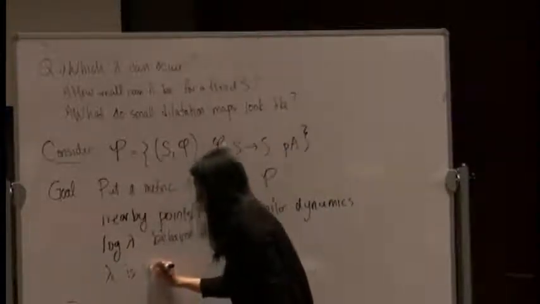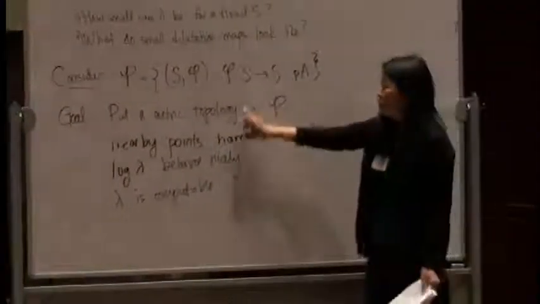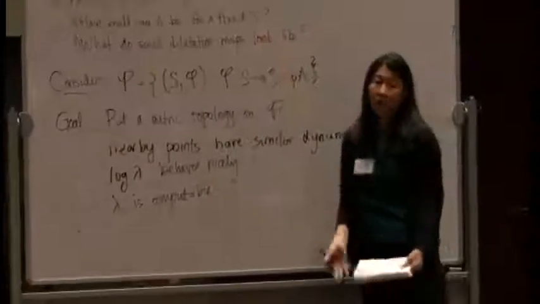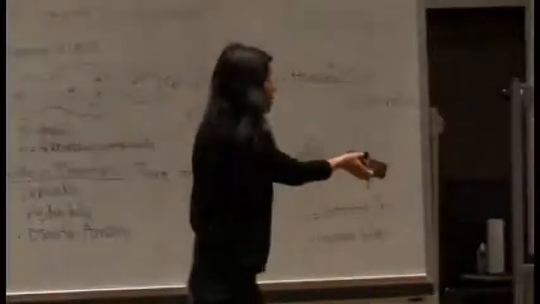And lambda is computable, which is always nice. And with these kinds of tools, maybe we can attack these problems. Okay, so we can do this by using fibered face theory. That's what fibered face theory helps you to do.